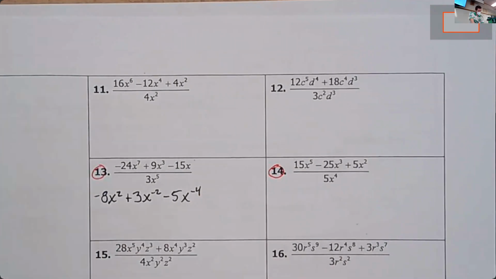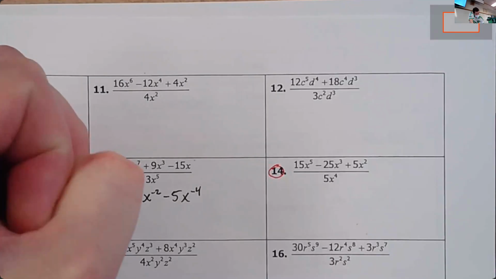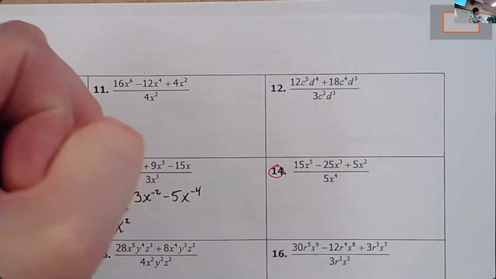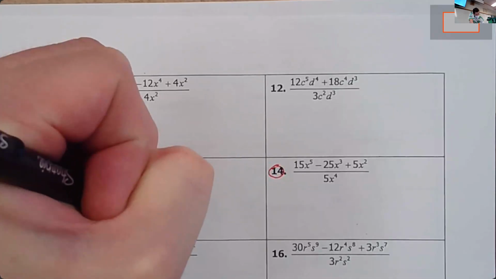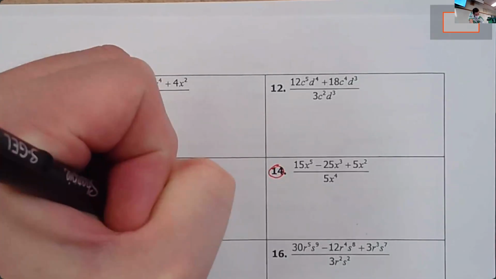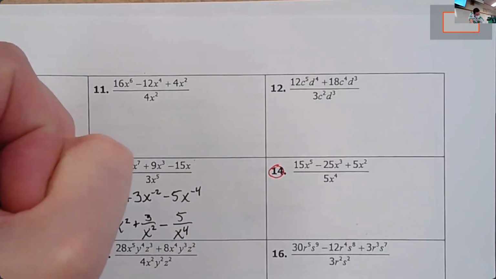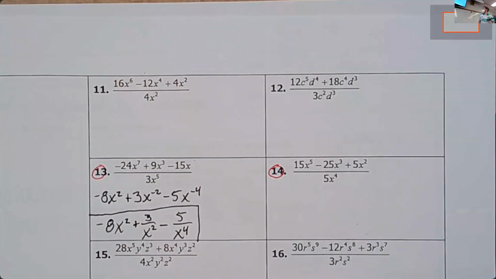So our answer for number 13 will be negative 8x squared plus 3 over x squared minus 5 over x to the 4th. That'll be our answer there for number 13.